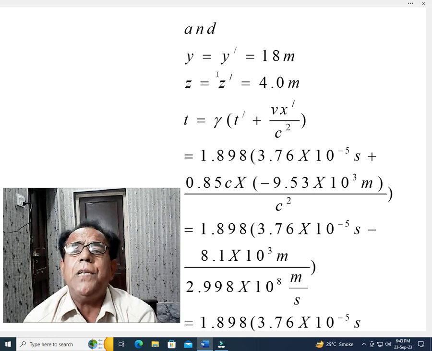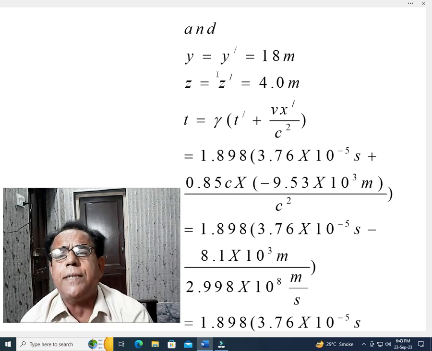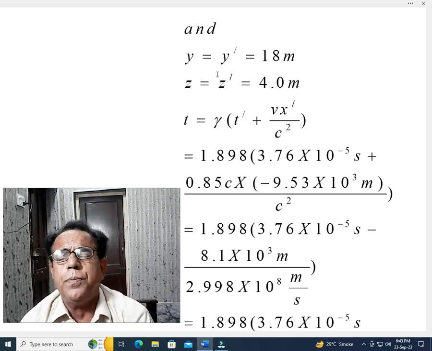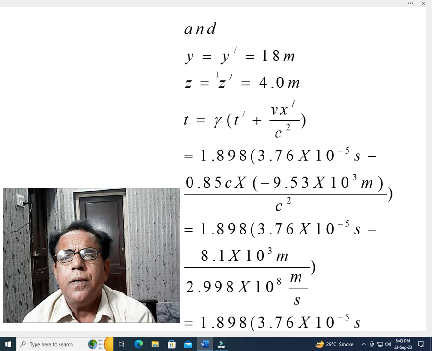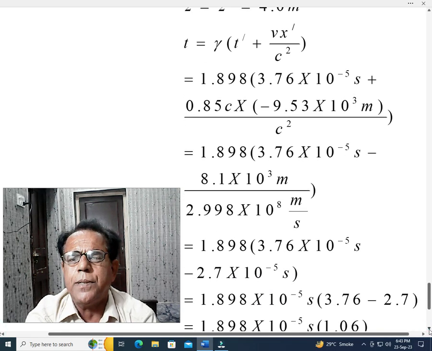T dash we have found in the previous part of this problem. V is relativistic velocity given in the problem, which is 85% of speed of light, and x dash we have determined in the previous step, which is minus 9.53. C is constant 2.998 into 10 to the power 8 meter per second.